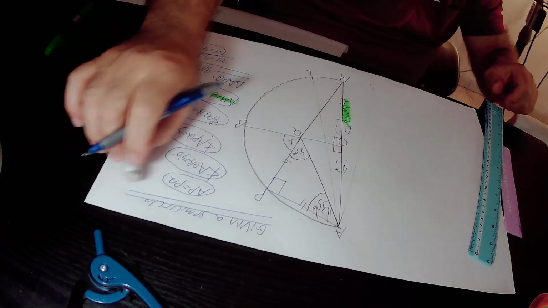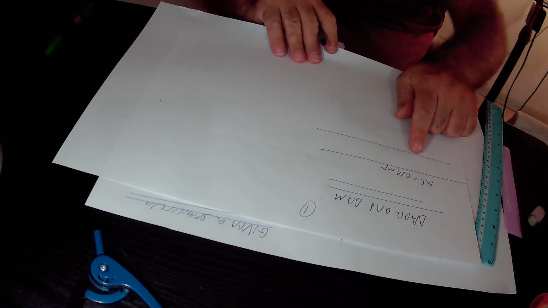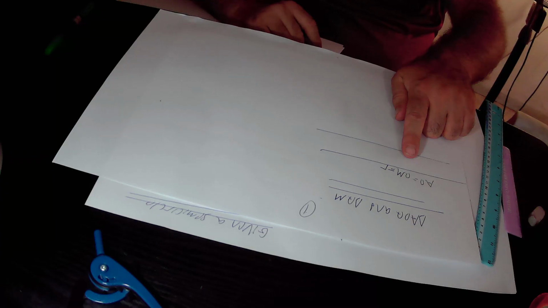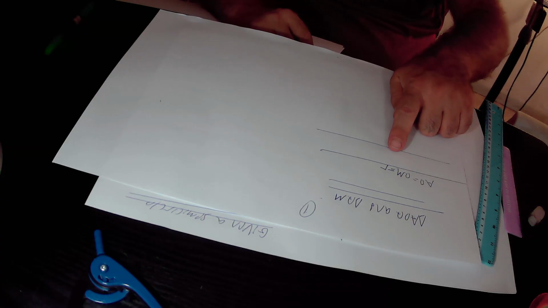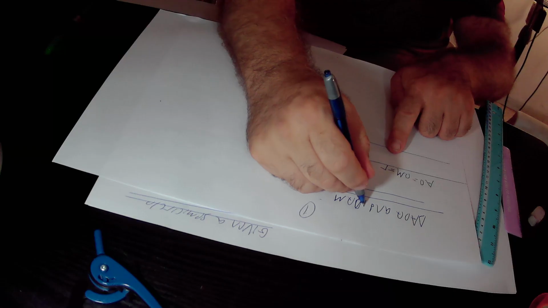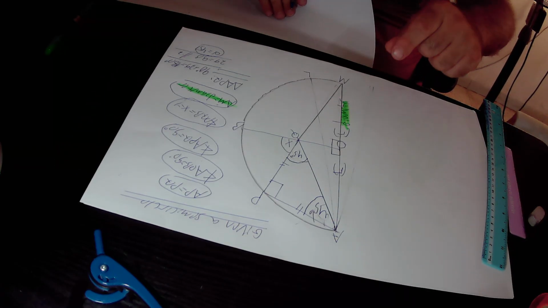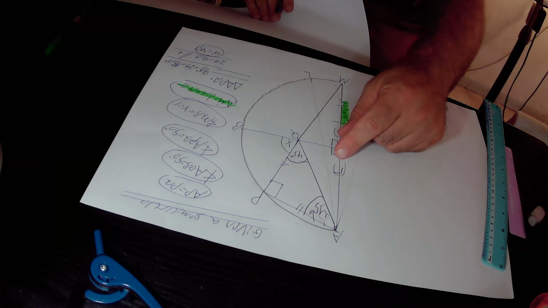Repeat again, we found out that side AO of the right triangle AOQ equals side OM of the right triangle OQM, both being the radius of the semicircle, therefore they are equal to each other. In addition, those two angles, they are both right angles, therefore they are equal to each other.